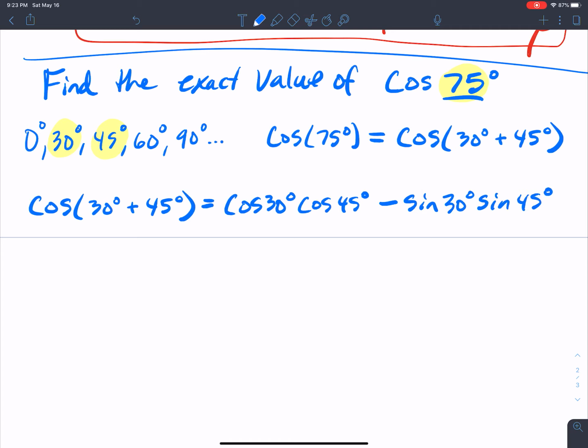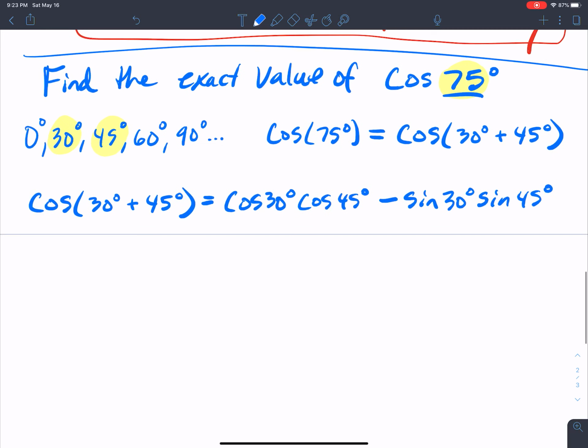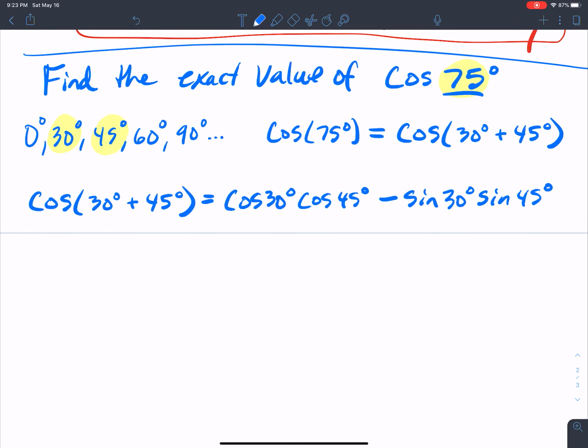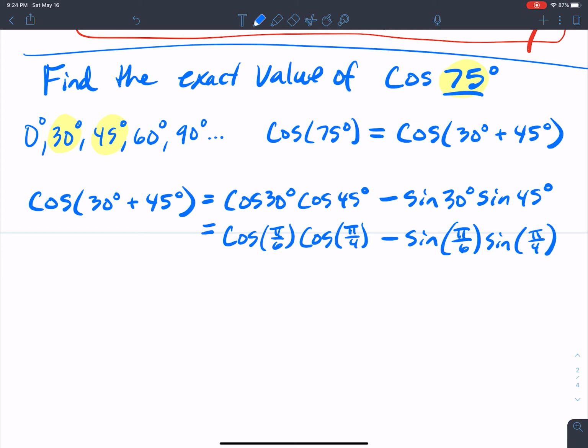Now, if you're having trouble remembering what the degrees are, you can convert to radians if you're more comfortable with radians. This is the cosine of pi over 6 times the cosine of pi over 4 minus the sine of pi over 6 times the sine of pi over 4, right?